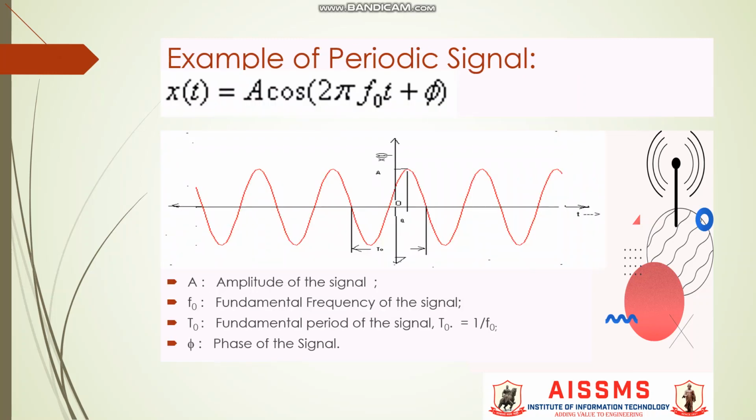The figure as seen is an example of a periodic signal and is given as x of t is equal to a cos of 2 pi f naught t plus phi, where a is the amplitude of the signal, f naught is the fundamental frequency, t naught is the inverse of f naught, and phi is the phase of the signal.